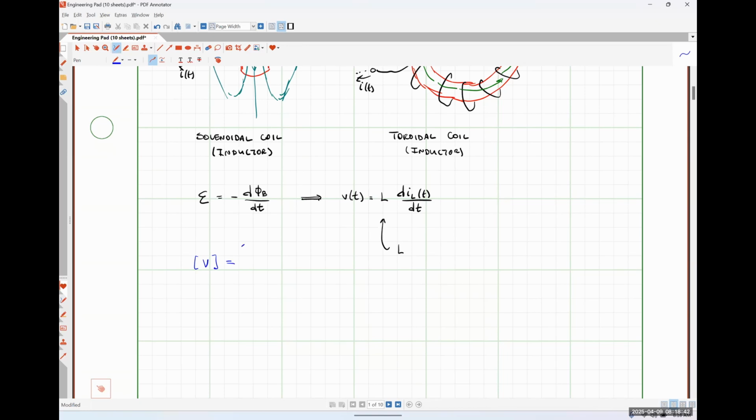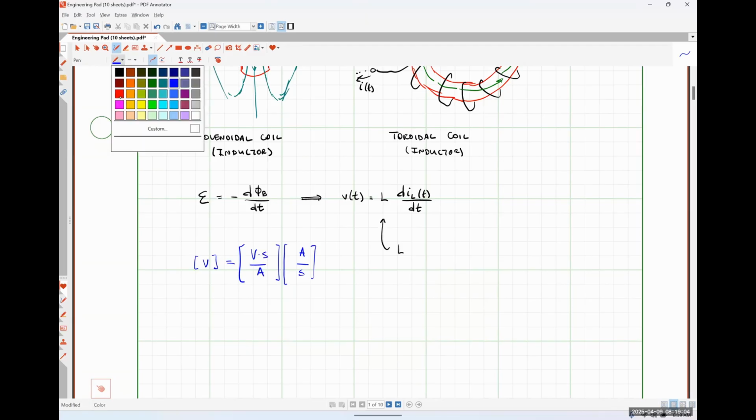Then I have my inductance, which I'm trying to figure out what the units need to be. And then I have the derivative of my current with respect to time, so that would be looking like something as amps per second. So what has to go in the middle here is something that's measured in volt seconds per amperes, right? Because this amp cancels this amp and this second cancels this second, then the only thing we're left with on both sides is voltage.